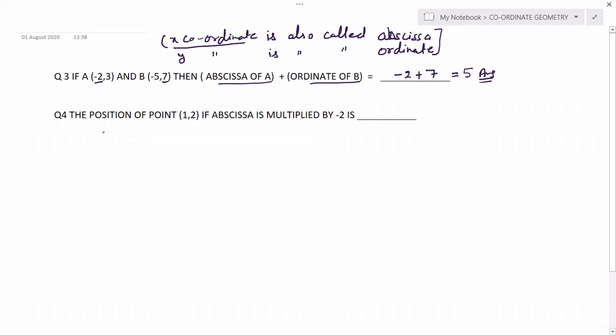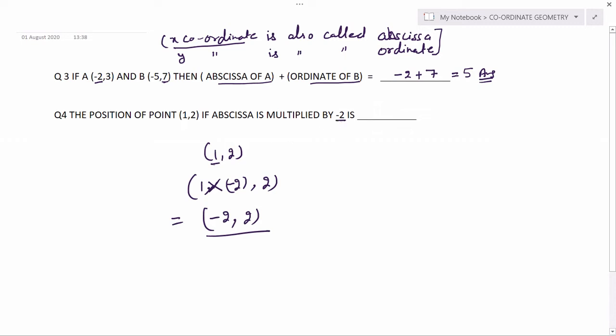Now the next question is the position of the point (1, 2) if the abscissa is multiplied by -2. The coordinates are 1, 2.